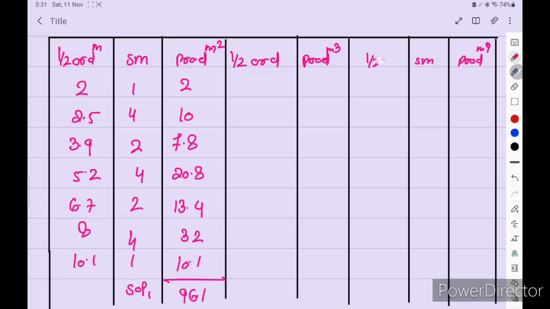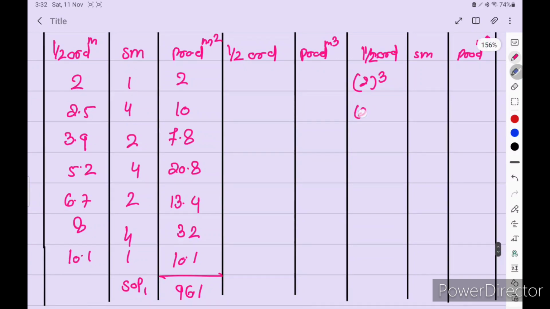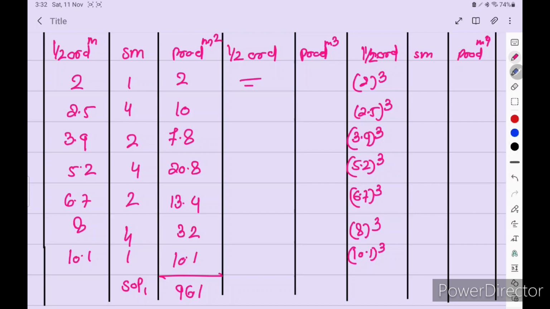Half ordinates cubed: 2 cube, 2.5 cube, 3.9 cube, 5.2 cube, 6.7 cube, 8 cube, 10.1 cube, because here 2 cube, here 2 square, here 2 cube.